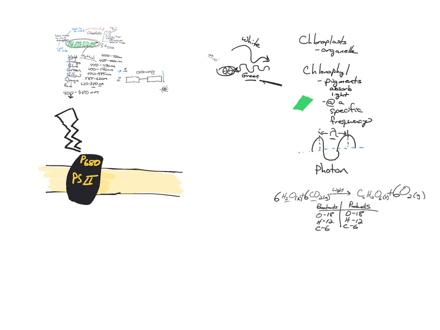Light, energy in the form of light, right? So light's coming in, and it's going to get captured by this thing, and it's going to release an electron. As soon as light gets in here, this pigment, chlorophyll, is involved. P680 is all kinds of things getting involved here. But the cool part is this is where it takes water and breaks it into what? Oxygen gas plus hydrogen ions.